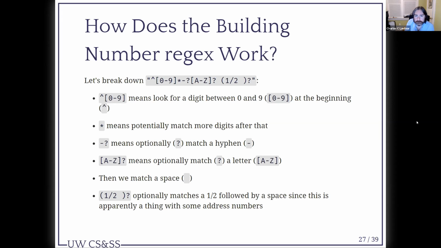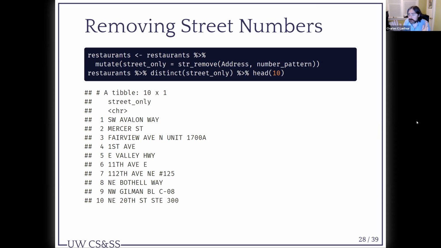Okay. Moving on. So now let's actually remove those street numbers. So I'm going to say here, take my restaurant's data, and then mutate a street-only variable, which is the result of string removing from the addresses my number pattern, which was my street numbers.